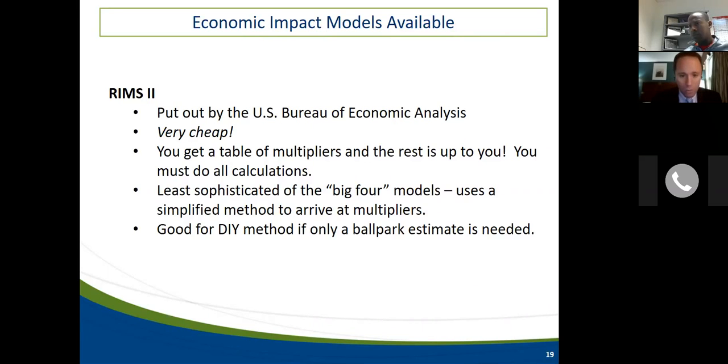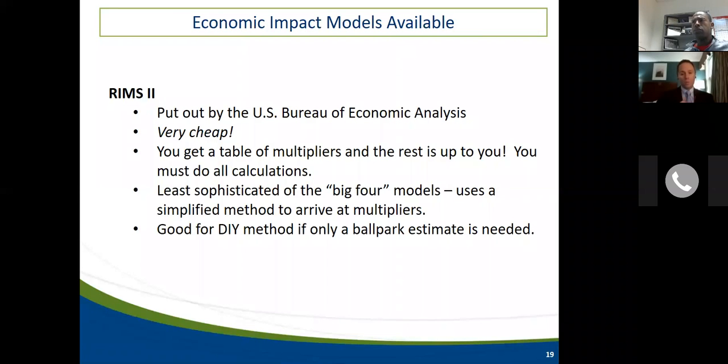I'm sorry, I have another question: do the models also look at wage levels for each job? Yes, they do. All of the models have an underlying industry template, if you will. I can't think of the term right now. Production function, they call it. That's what it is. They have a production function, and that includes things like output per worker and earnings per worker.